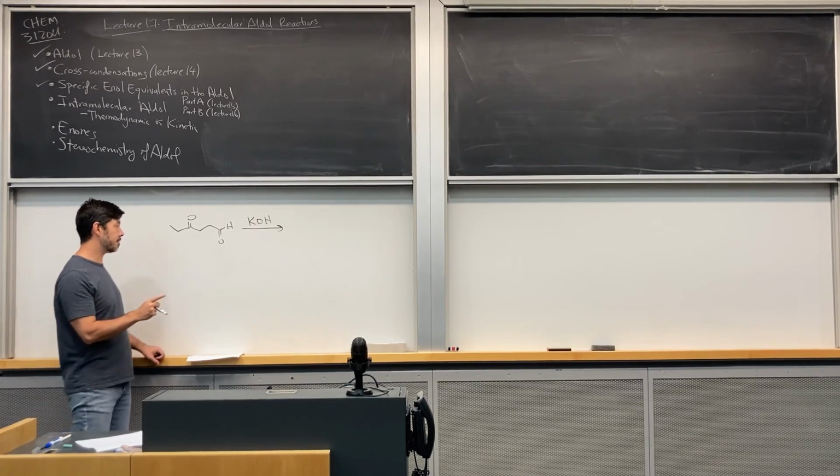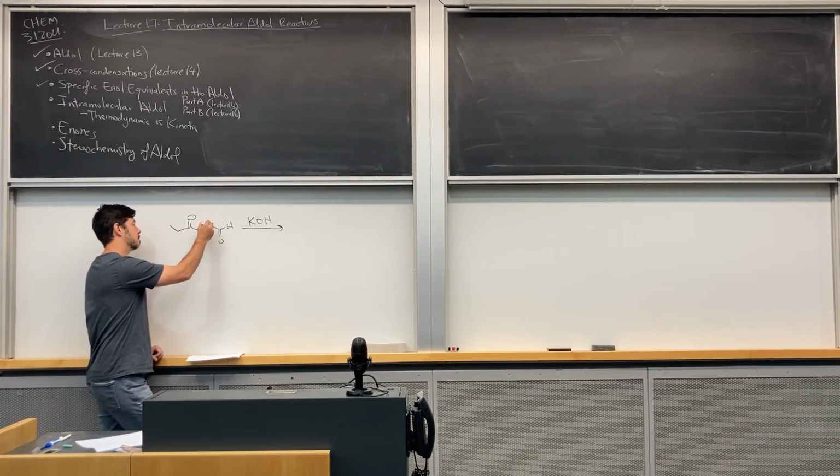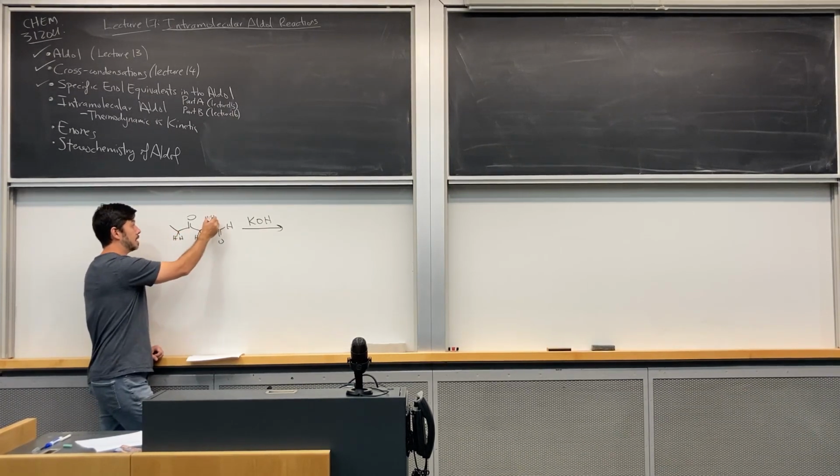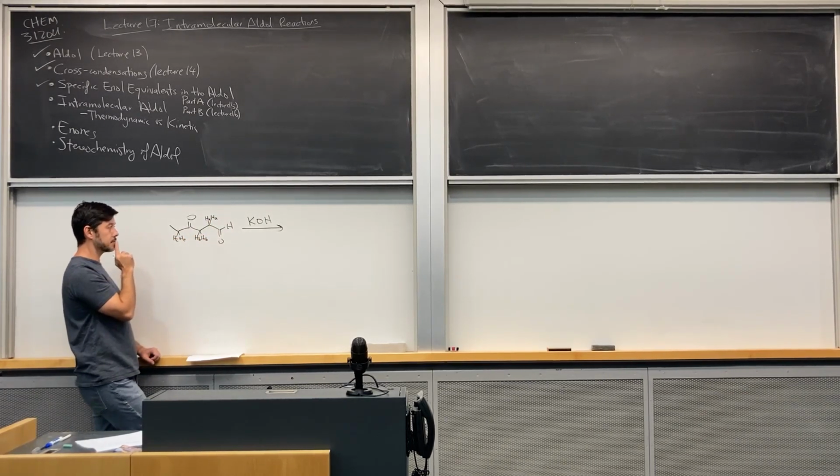So let's first identify those. You have alpha protons here, you have another set here, and then here you have another set. So maybe we can label these A, we can label these B, and we can label those C.